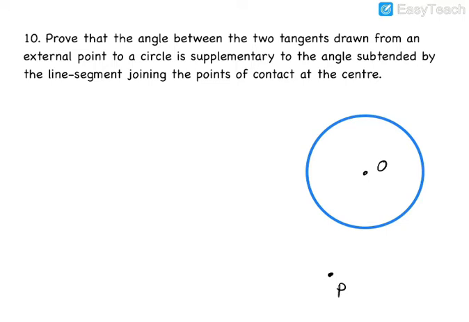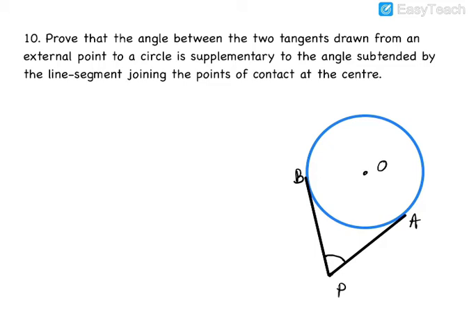From this point we have two tangents, PA and PB. Prove that this angle between the two tangents drawn from an external point, that is this angle APB, is supplementary to the angle subtended by the line segments joining the points of contact at the center.